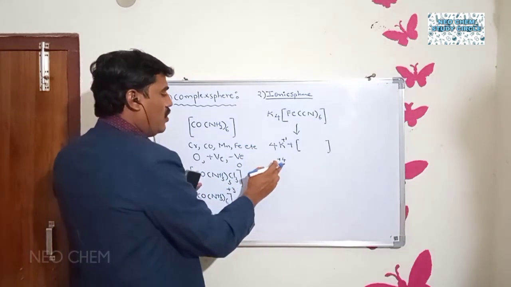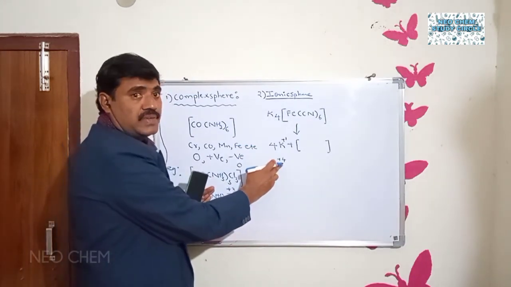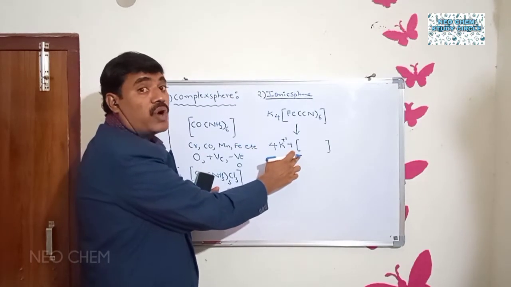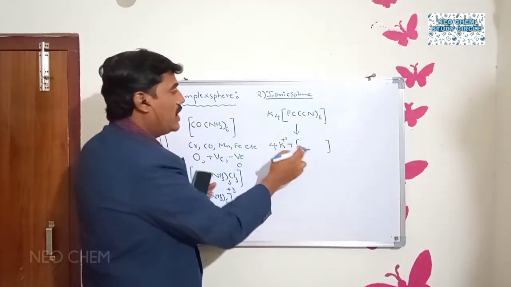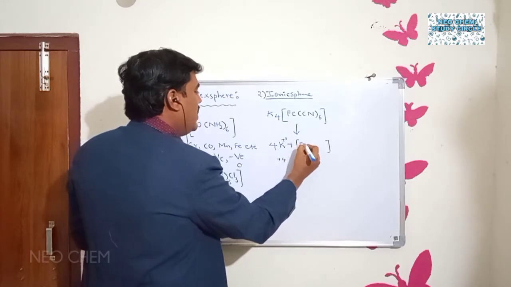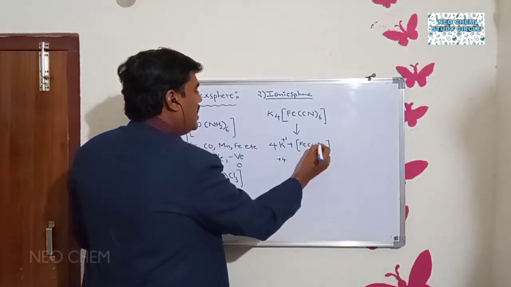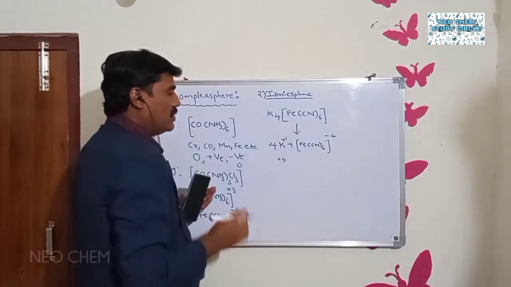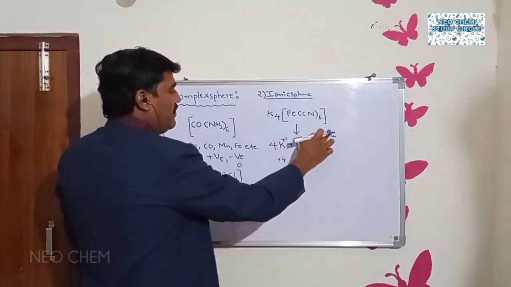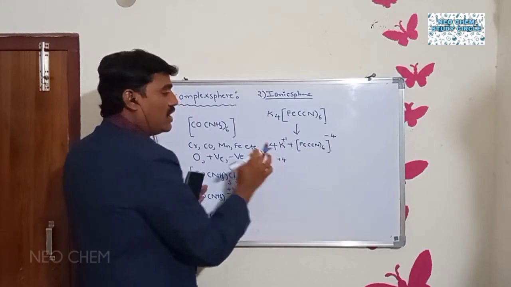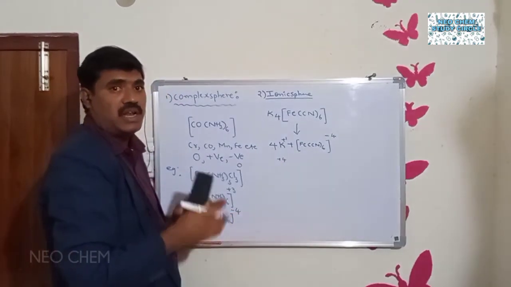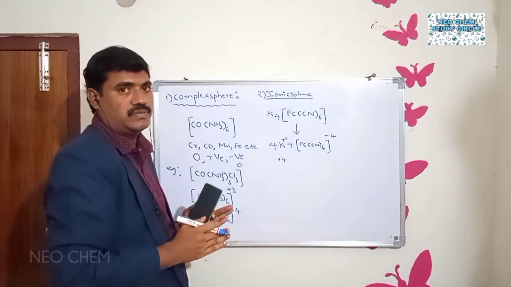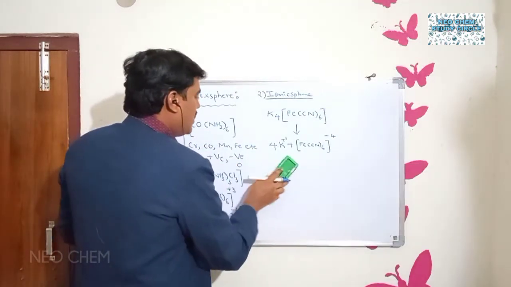So as 4 positive charges are there, the anionic complex sphere should have 4 negative charges. Write like this: [Fe(CN)6]4-. So here the total number of negative charges equals the total number of positive charges. Like that, we have to ionize the complex compound. Now let us take one more example.